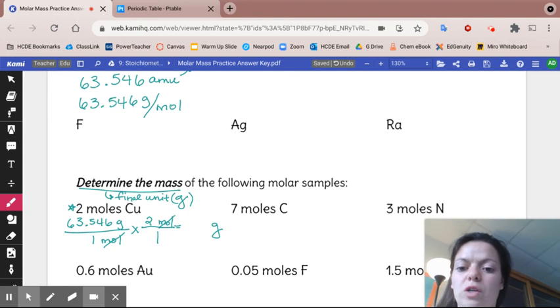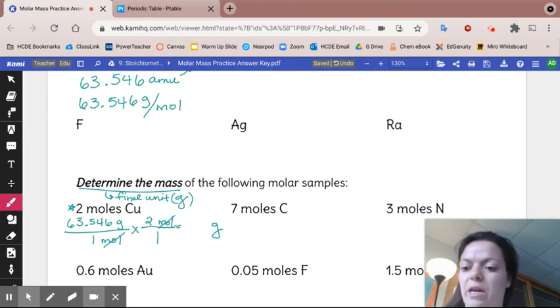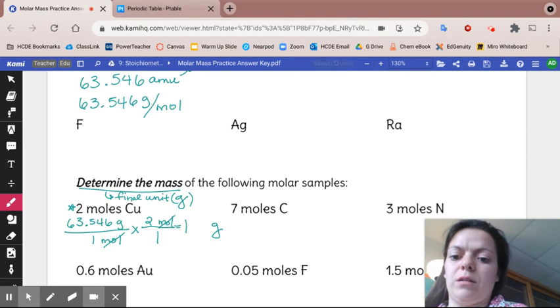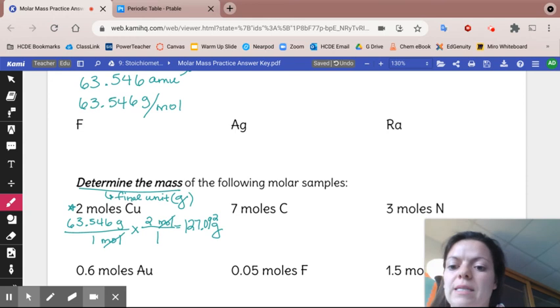And then my total number of grams is going to be 63.546 times 2. So I'm going to pull out my handy dandy calculator over here, and I'm going to multiply 63.546 grams times 2 to get 127.092 grams. Okay, because this is an exact number, if I'm looking for significant figures, I can follow my sig fig rules for this first number.